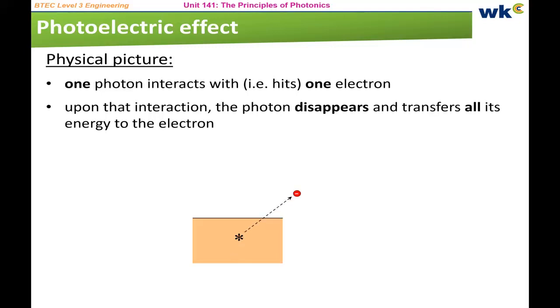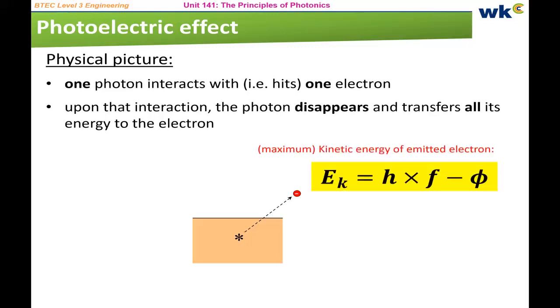It escapes the metal. Now, the kinetic energy, we can actually calculate the extra or the surplus energy between the energy given to the electron, that's the photon energy, and the energy necessary to remove the electron from the material.